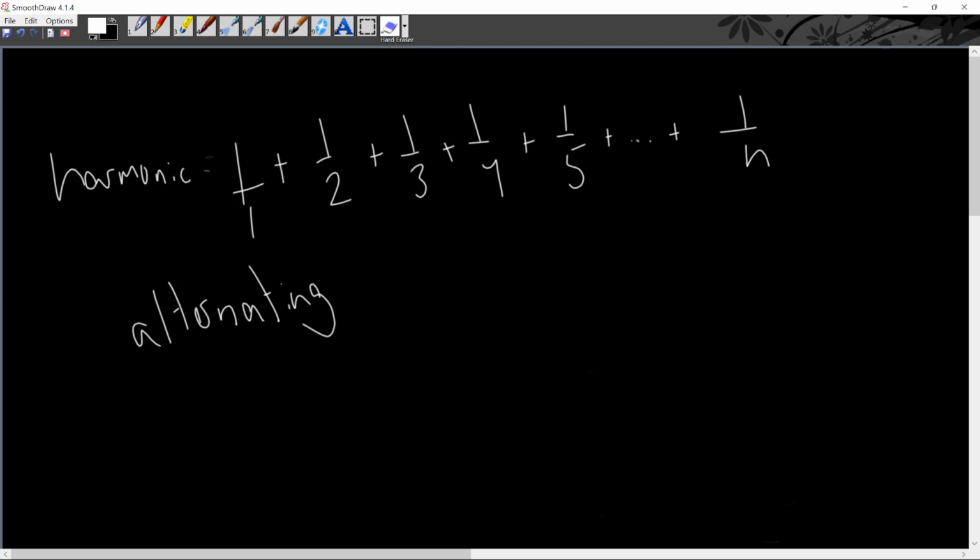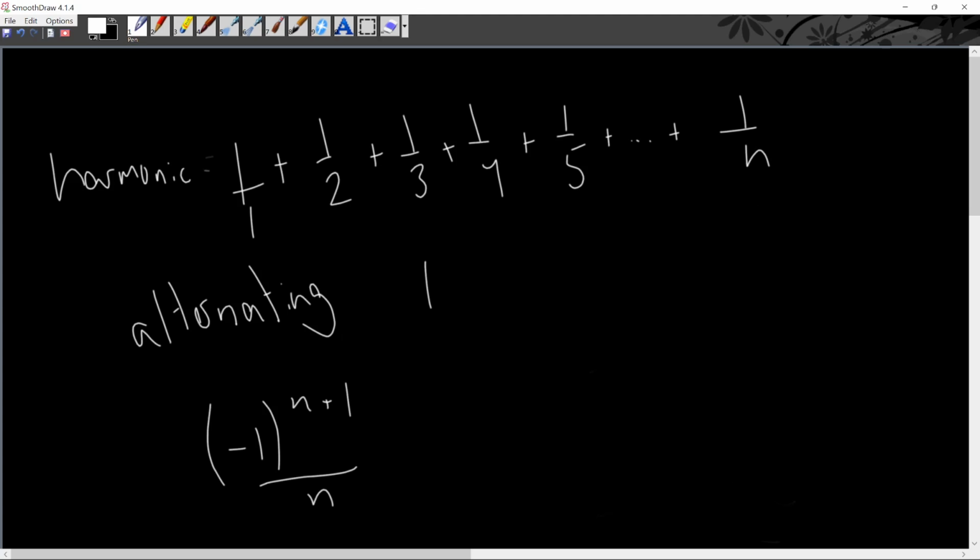And so let's try and make this harmonic series into an alternating series. We can start with 1 still, right? Let's write our general term. We're going to say this is negative 1 to the n plus 1, right? Because we want our first term to be positive, times 1 over n.